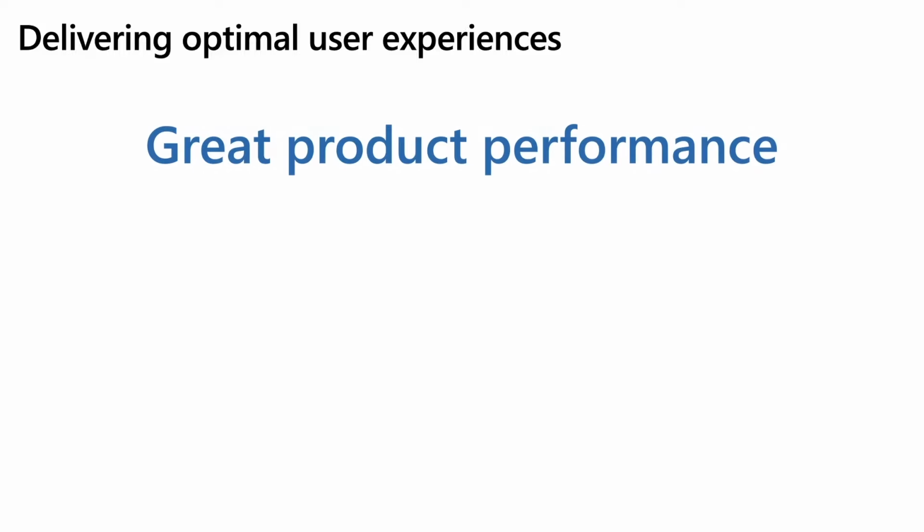Now, I like to think that delivering what I call optimal end user experiences requires two key things. One, you need to start with great product performance. What I mean is that the product itself is engineered to deliver performance in the cloud. With the switch to the cloud over the last few years, there has been a shift in patterns in how users use the service and how people collaborate.